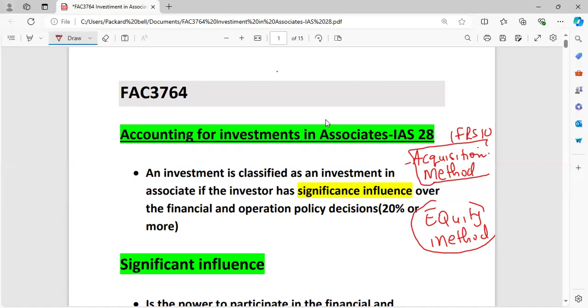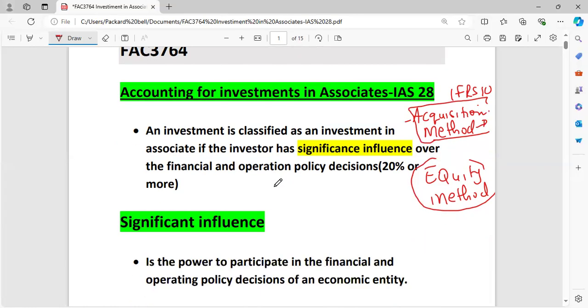In the acquisition method, you are looking at a parent and a subsidiary. But in the equity method, you are only going to have an investment in the associate. So that's basically the difference between the two.